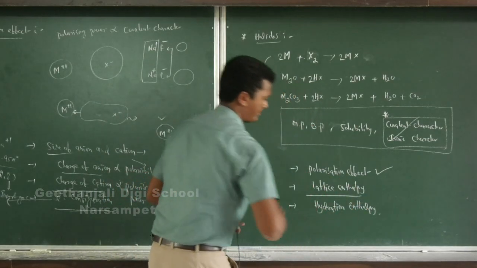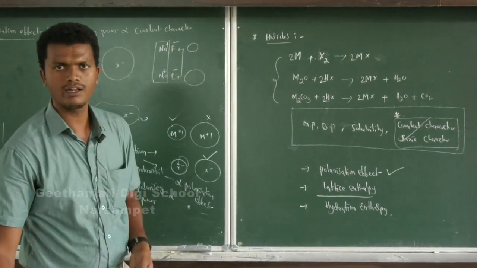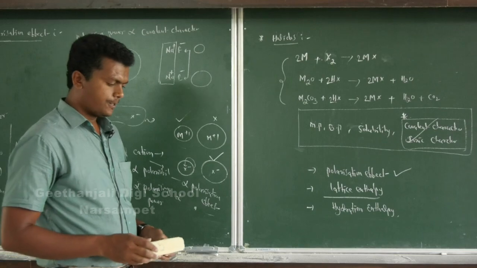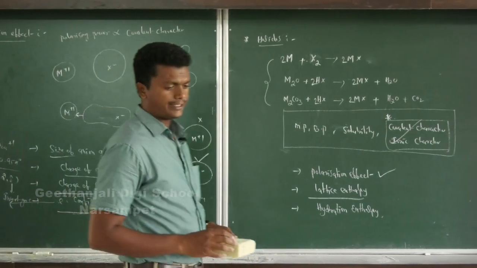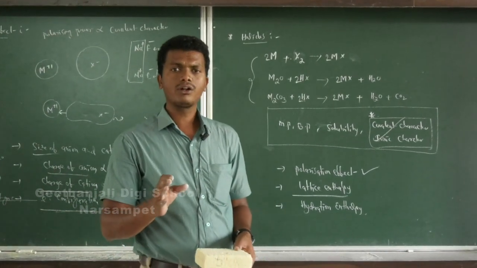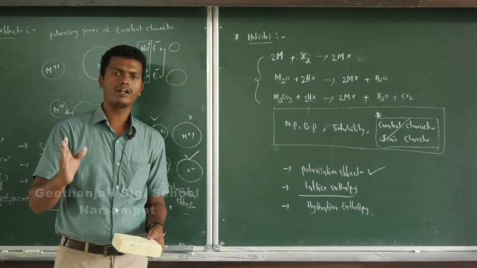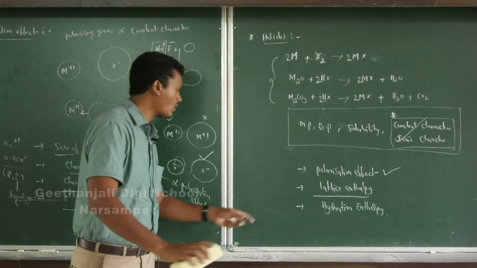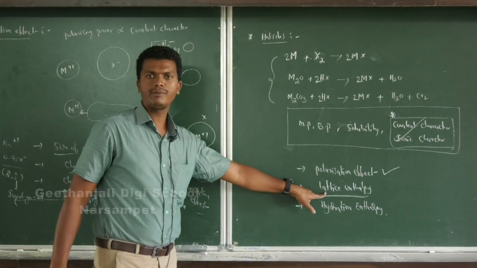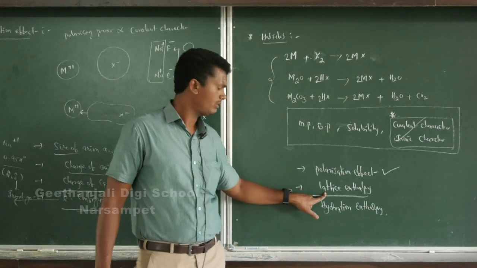Next, lattice enthalpy. What is lattice enthalpy? The amount of energy required to break down 1 mole of an ionic compound into its gaseous constituent ions is called lattice enthalpy. Let me define once again.